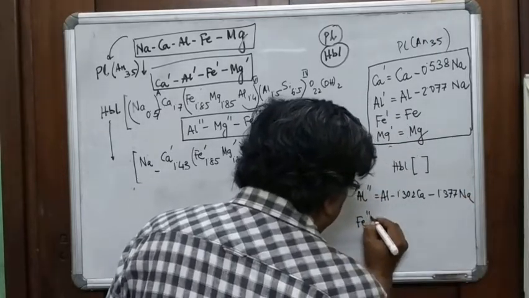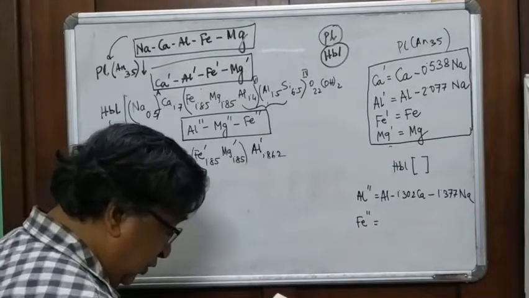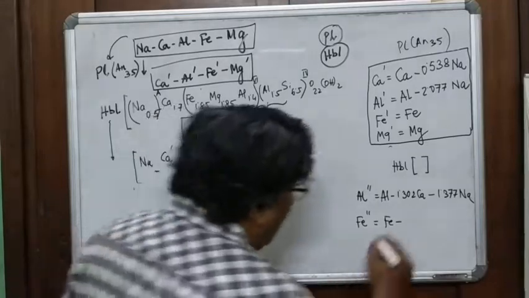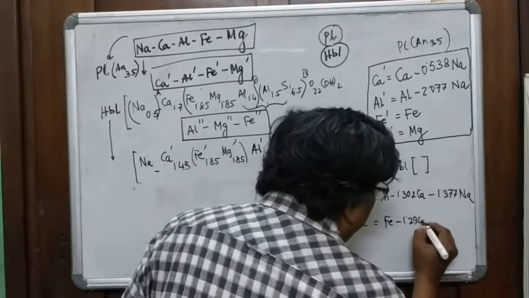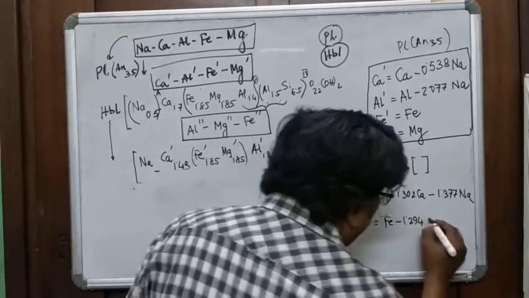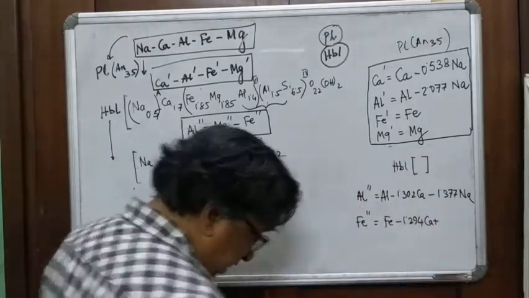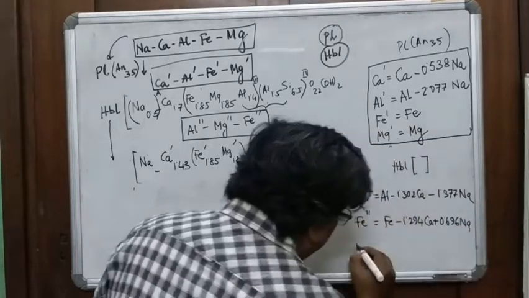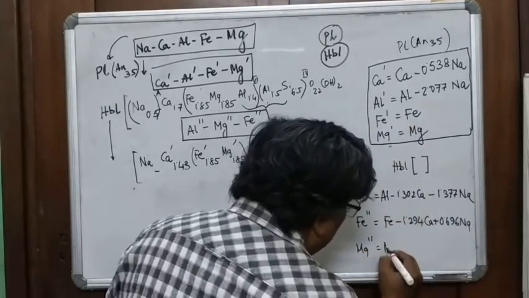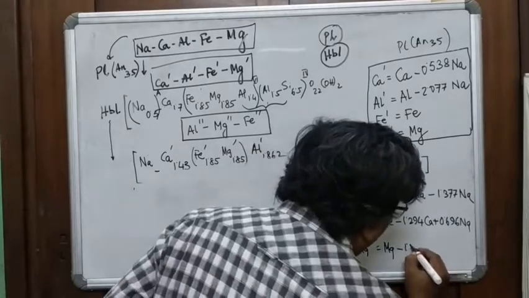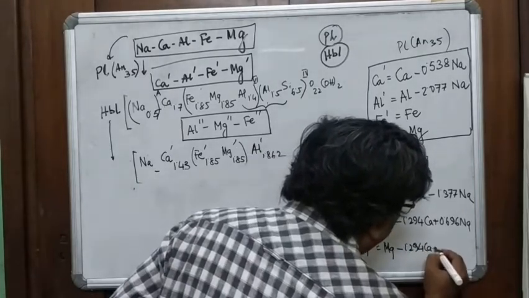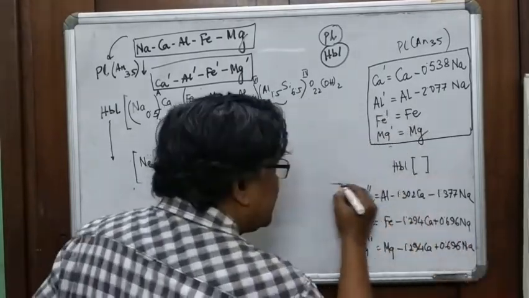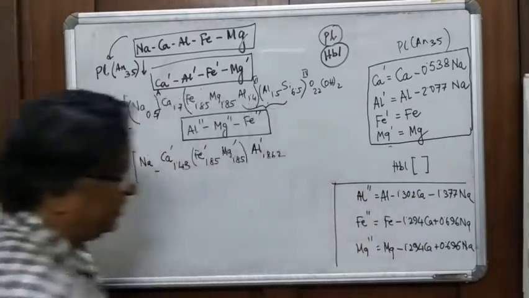Fe double prime is equal to Fe minus 1.294 Ca plus 0.696 Na, and similarly Mg double prime will be equal to Mg minus 1.294 Ca plus 0.696 Na. So this is your second plotting coordinate.